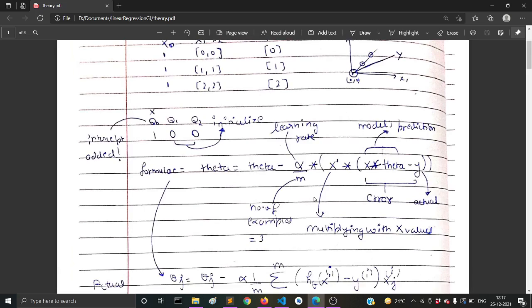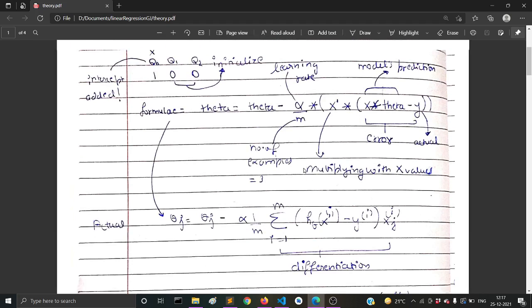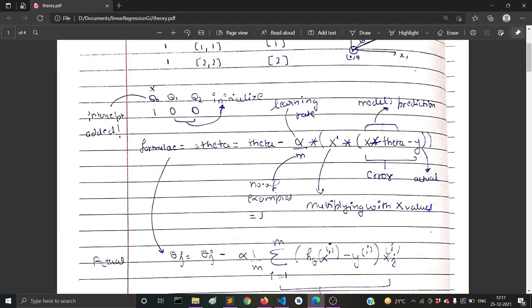Alpha is your learning rate, and it corresponds to the rate at which you converge. If you supply a small value like 0.01 or even smaller, then you will converge to the right local optimum at a slower rate, and that is decided by the value of alpha. One thing to note is that the theta updates are simultaneous updates.